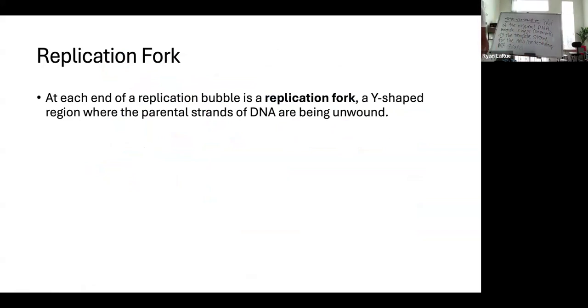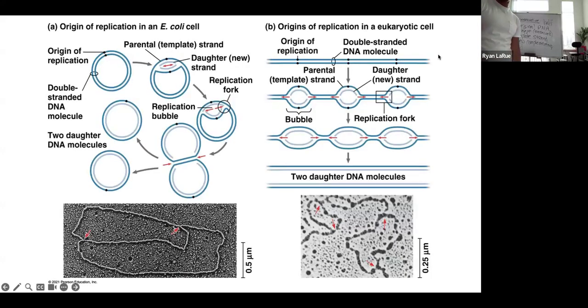So as you can see here, you've got what we call these replication bubbles, okay? Which is where the replication is occurring at this origin of replication, right? And you can see that actually that replication proceeds in both directions, right? Here and here. It's replicating both ways. And same as the eukaryote.